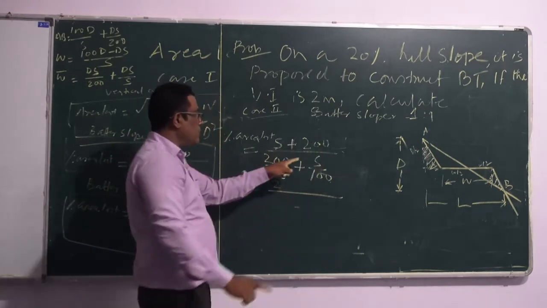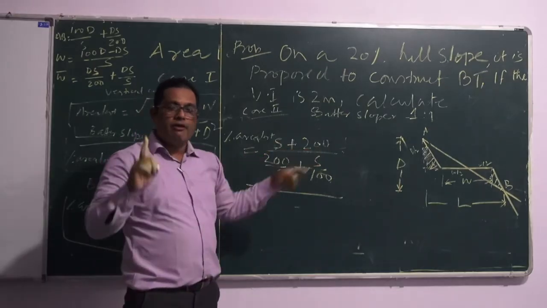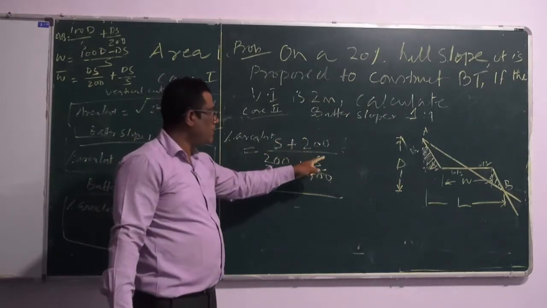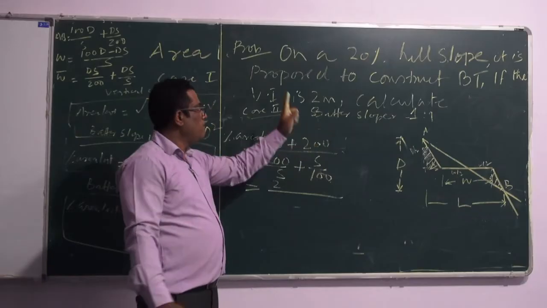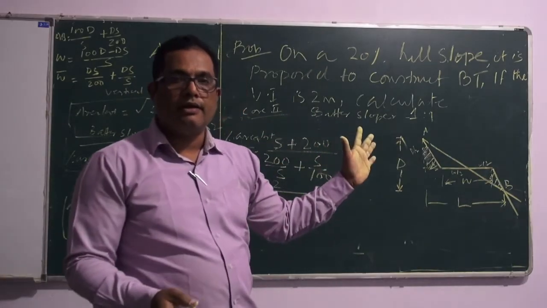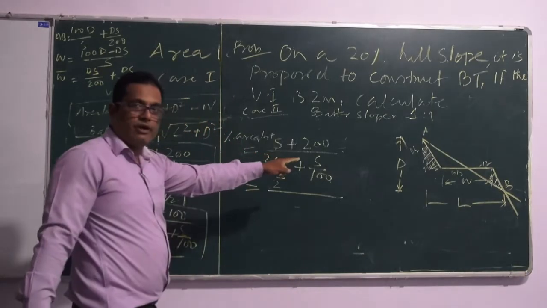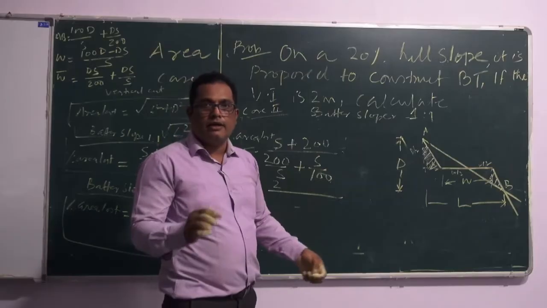This is all in terms of percentage, because the 100 we have already factored in. Okay, no need to write 100 separately. In the previous case we had not factored in the 100 in terms of percentage, but here we have already factored that in.